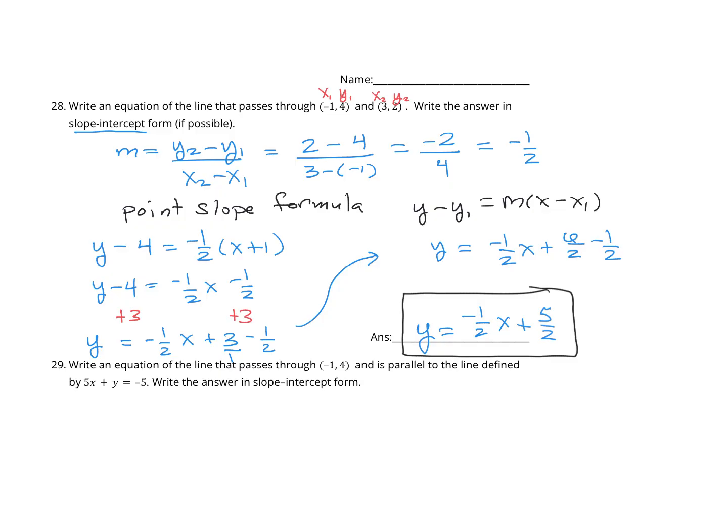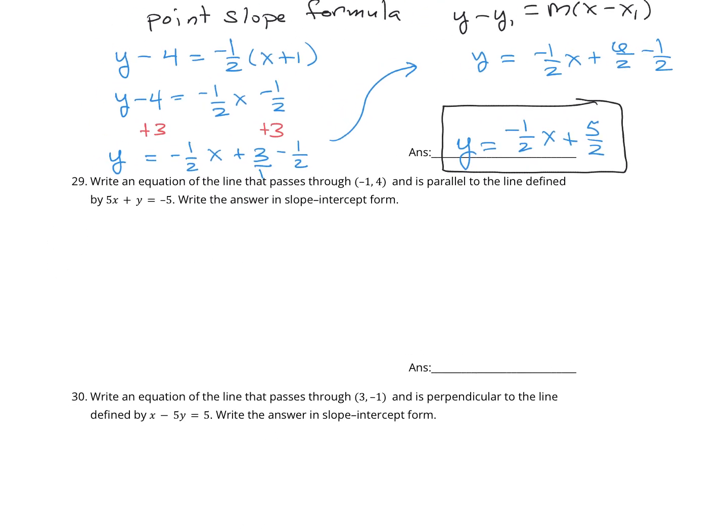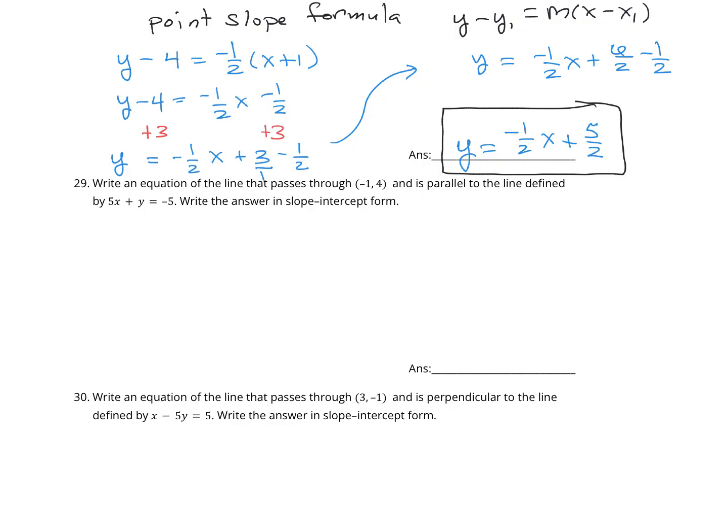All right, for the next 2 problems, they want us to find a line parallel to a given line, and later a line perpendicular to a given line. In both problems, the first thing we have to do is take the original equation for the line and solve for y. Then you have 5x plus y equaling negative 5, subtracting the 5x from both sides.